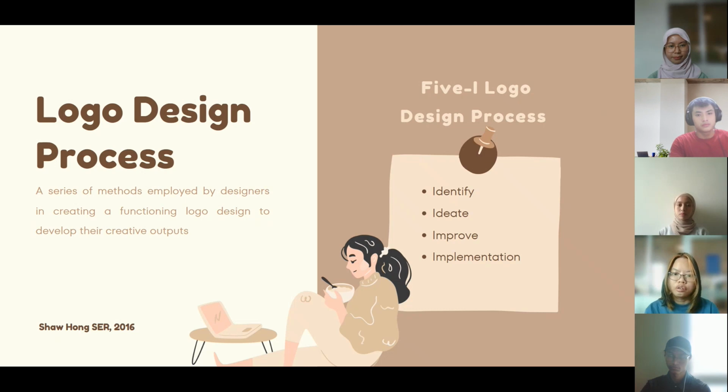Based on the 5I logo design process by Xiao Hong, we have identified the process, which is firstly, identify, secondly, ideate, thirdly, imagine, fourth, improve, and then finally, implementation. I will pass the time to the next speaker.